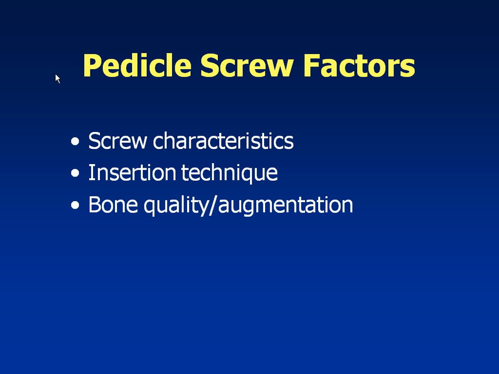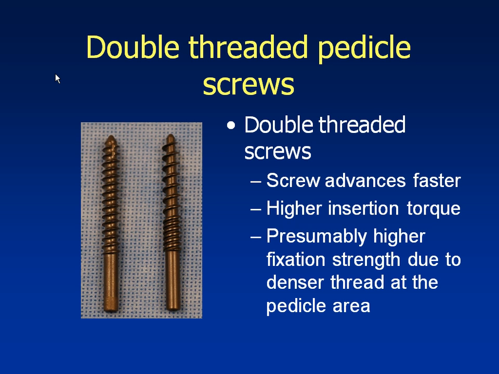To prevent all these events, we have some preventive measures, and pedicle screw factors are among them. Regarding pedicle screw factors, we should know the screw characteristics, and we should be very careful about the insertion technique, and I will talk about the details. We should also judge the bone quality, as I have mentioned before, and do augmentation if necessary.